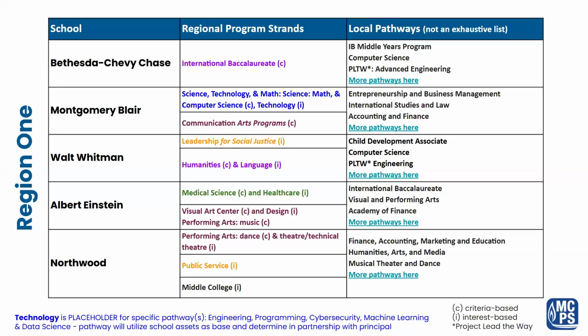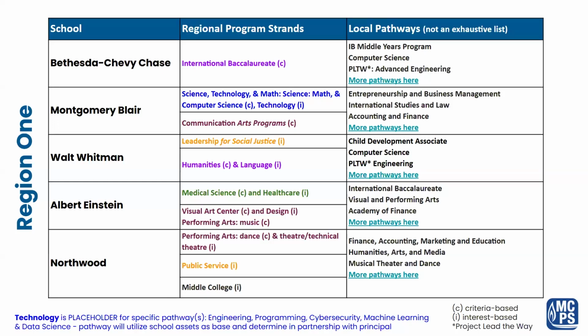But we're still in the process. We're working with our schools to determine the best pathways for the technology interest-based pathways. So it could be engineering, programming, cybersecurity, machine learning, which is artificial intelligence, or it might be more than one, but that's a piece that we're still working on. So that's why you see technology really as a placeholder.